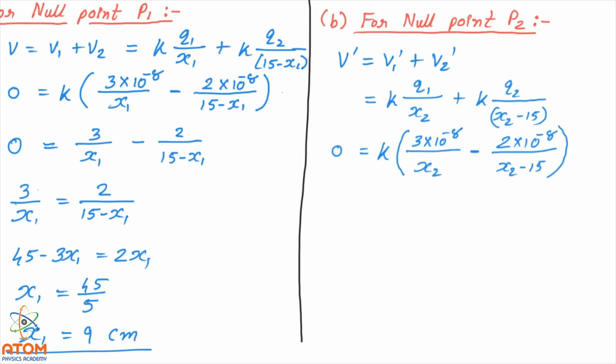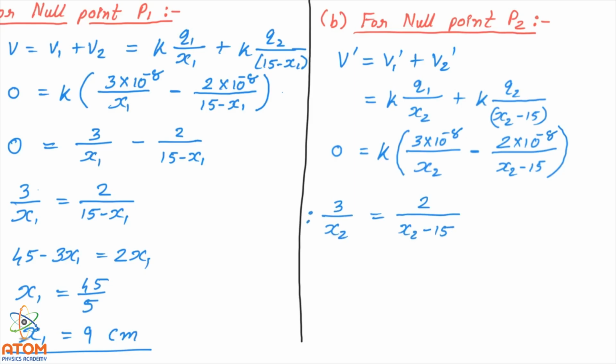Now because the left side is 0, and you can see here k is common as well as 10 raised to minus 8 will also be common. So I can simplify this equation by writing something like this: 3 upon x2 will be equal to 2 upon x2 minus 15.